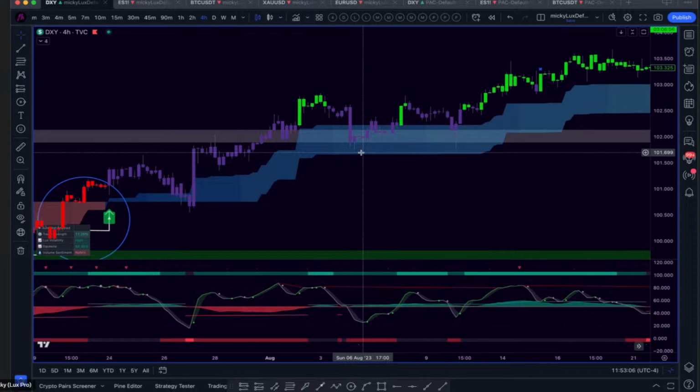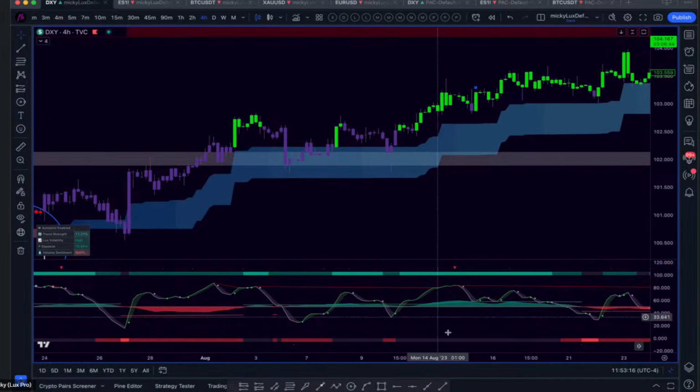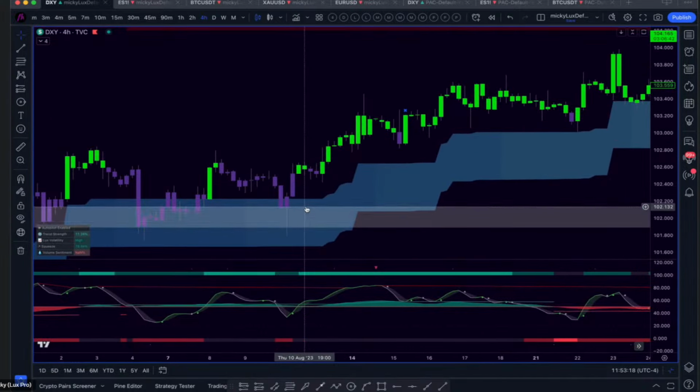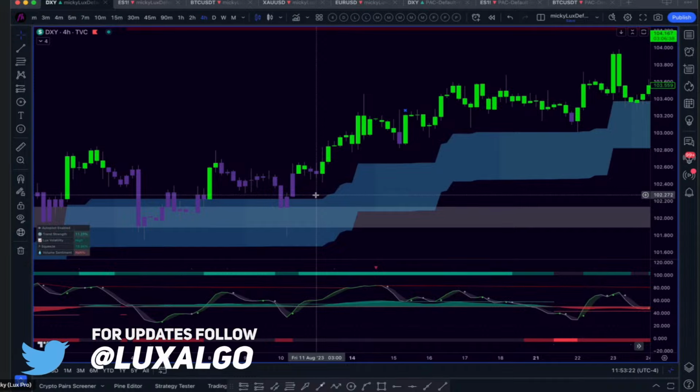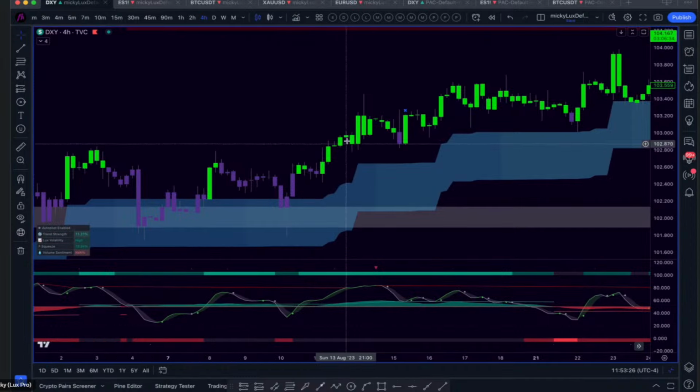You can close out. But depending on your strategy, you can hold on until you see the next Neo Cloud stair step down. But if you held on, now we're starting to see LuxAlgo candle coloring bullish, starting to print with candle patterns to the upside. Neo Cloud stair stepping up.